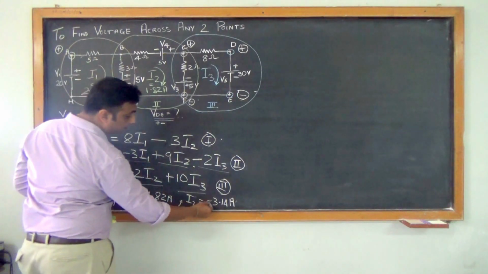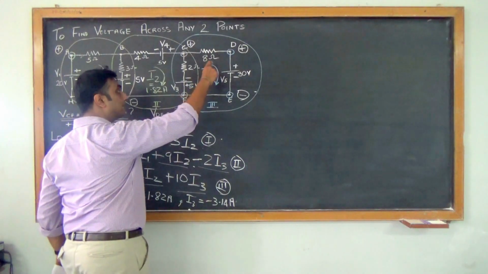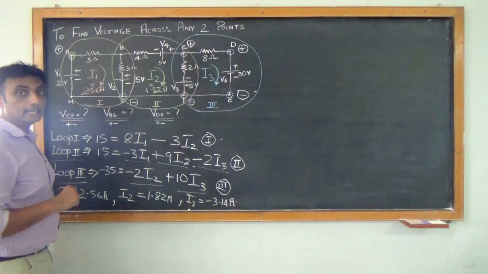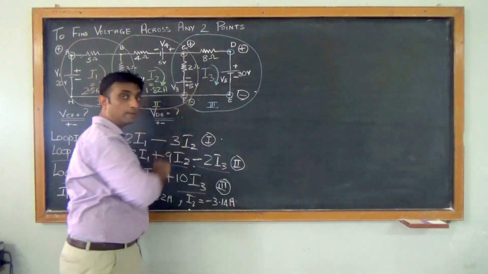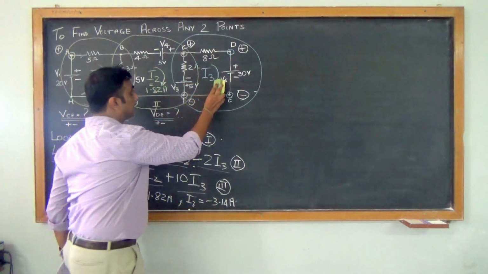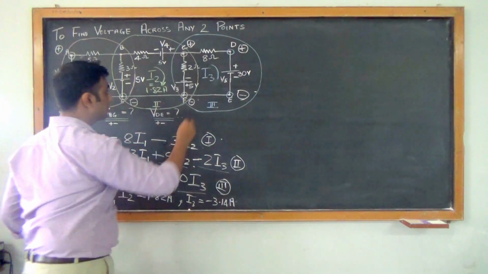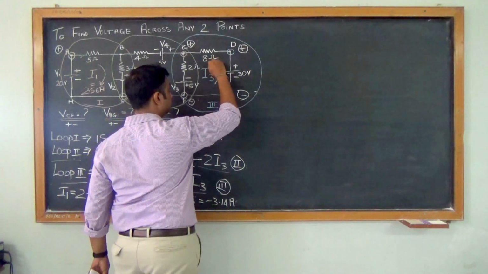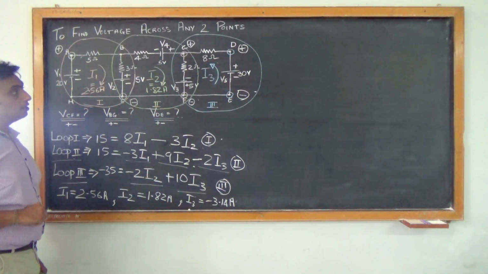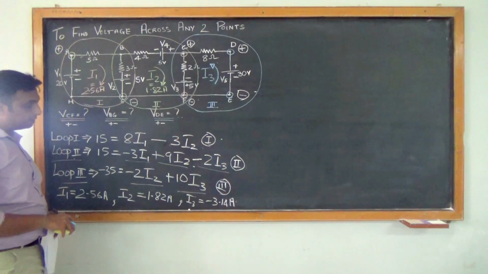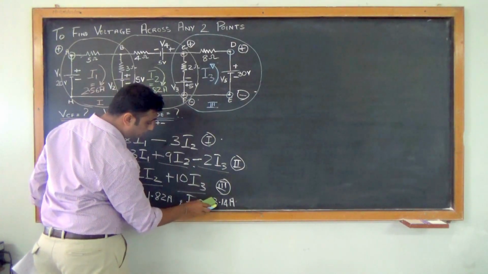Now if we get a negative value, that means whatever direction we have assumed for I3 is wrong. So if I assumed the direction for I3 as clockwise, then actually the direction is not clockwise, it is anti-clockwise. So I change the direction to anti-clockwise. Once I change the direction to anti-clockwise, this minus 3.14 will become plus.